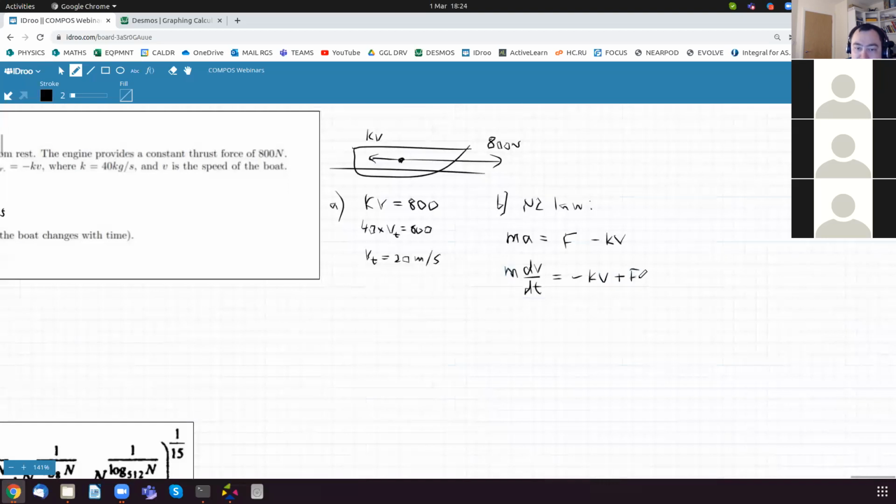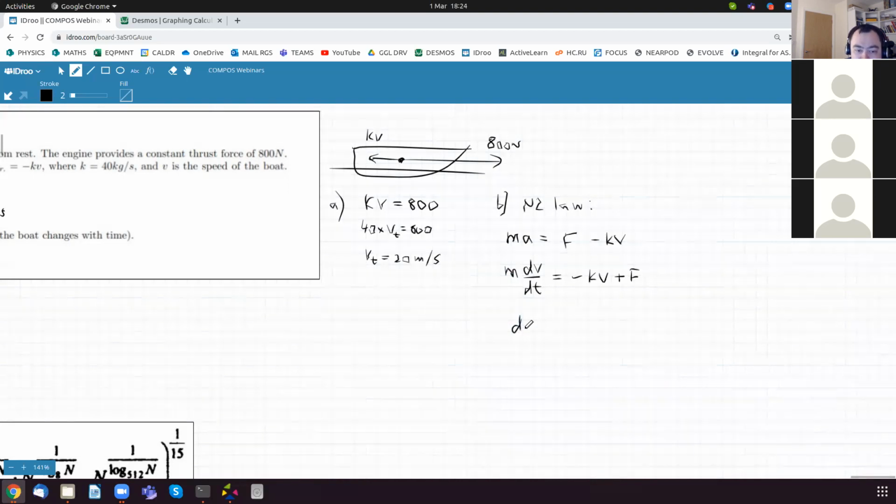So I just changed them because I want a linear function in terms of v. You can see that this is a linear function in terms of v, so it's like mx plus c. Now I multiply everything by dt and divide by m.